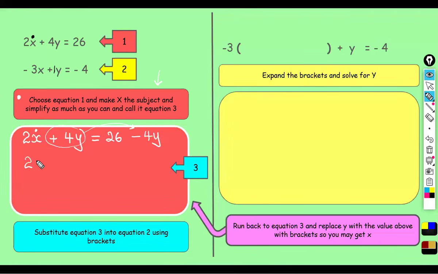So I hope that everyone has this. 2x is equal to 26 minus 4y. A lot of you probably forgot to change the sign because it's positive on this side. And when you kick it across, it becomes the opposite, minus 4y. But we're not finished making x the subject.